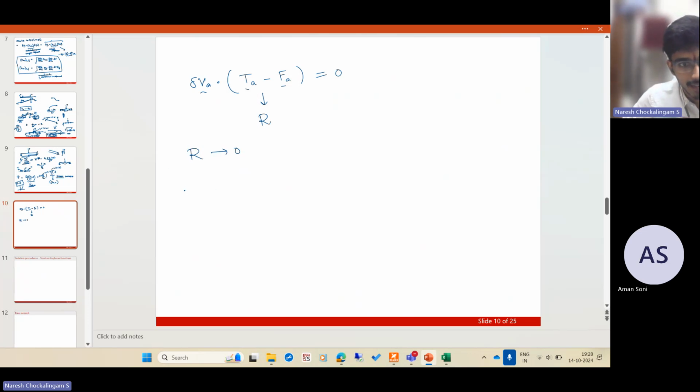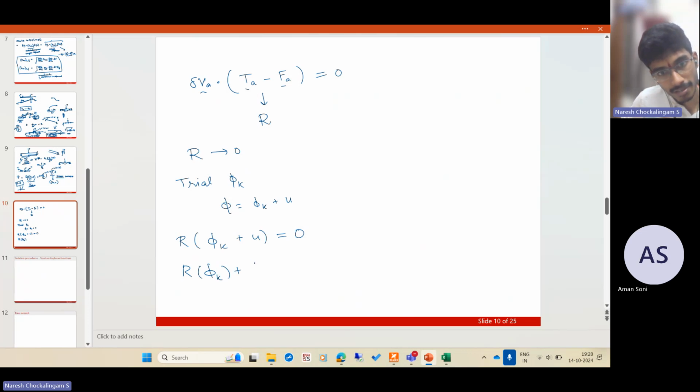So what do we do? We take a trial phi k, and say the correct solution is phi k plus some displacement u. So we want r of phi k plus u to go to 0. This can be expanded in a Taylor series as r of phi k plus some gradient of this evaluated at phi k.